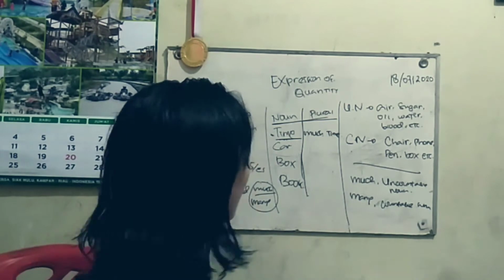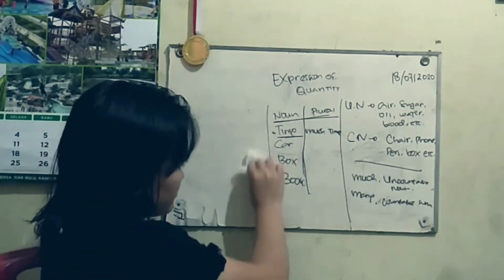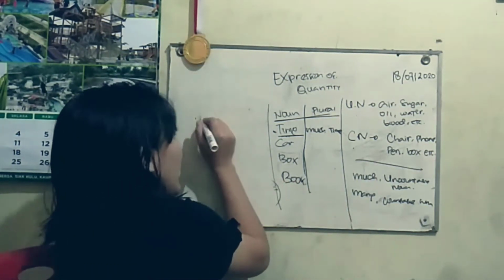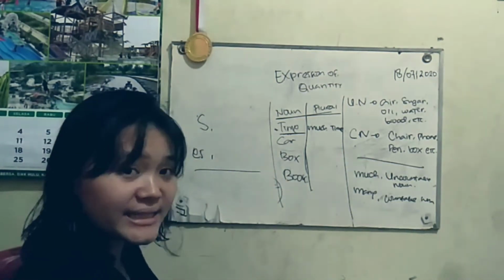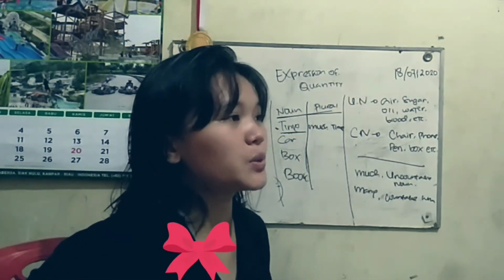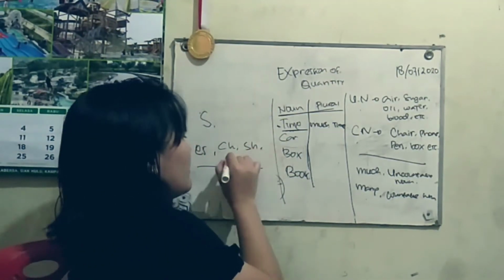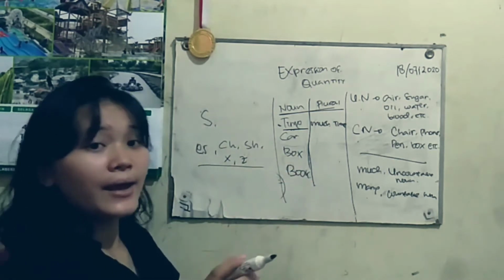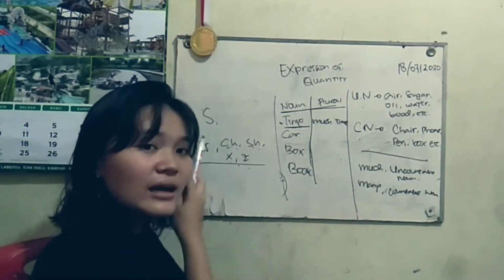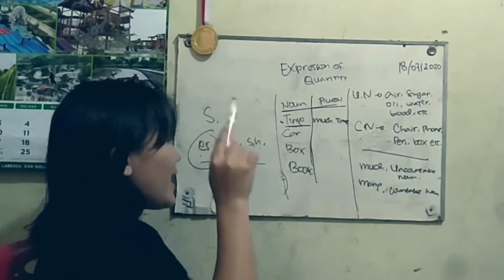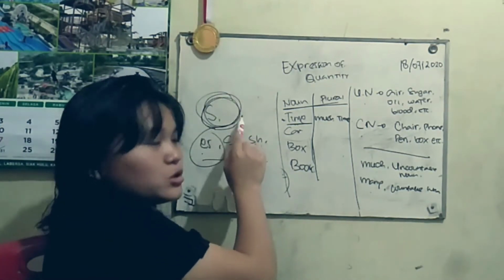The second one is car. Wait, we must delete this one, okay? S or es. Es is used when the word ends with h, ch, sh, x, and z, we must add es at the end. And I think you know when we must use s to make it into the plural noun.